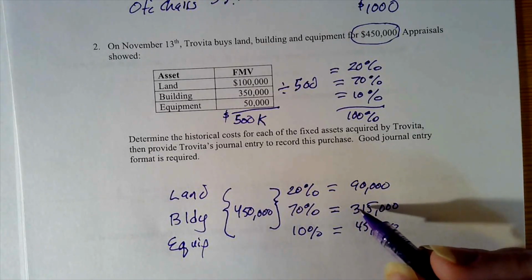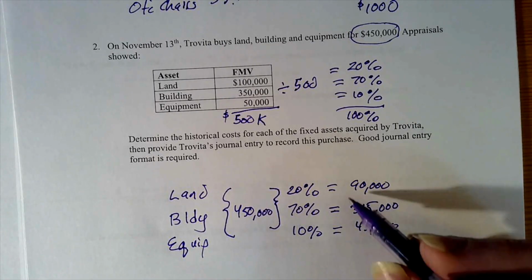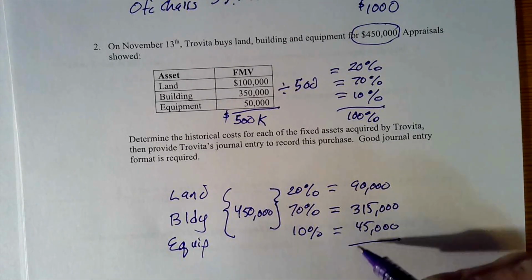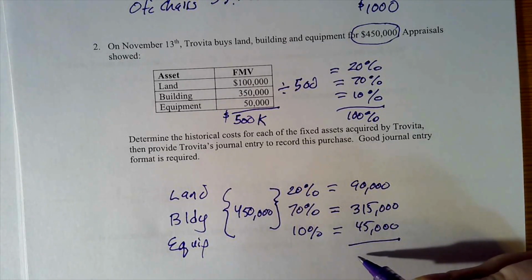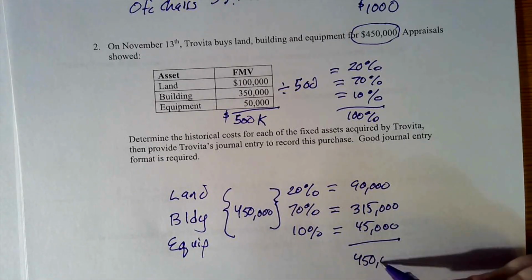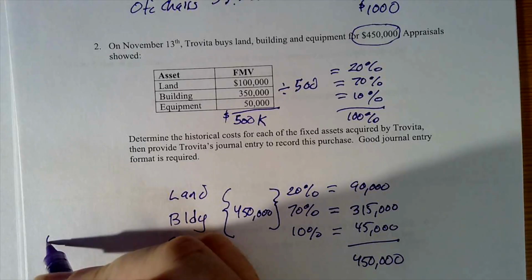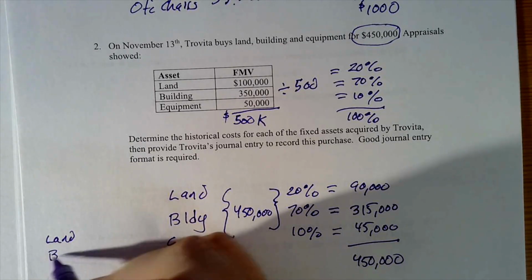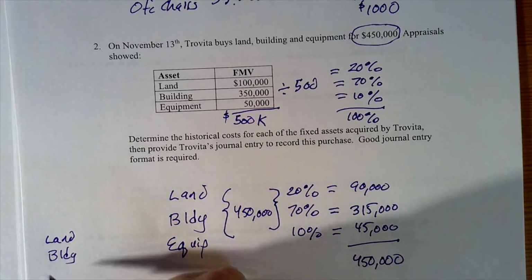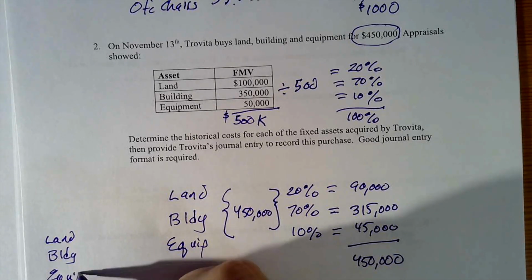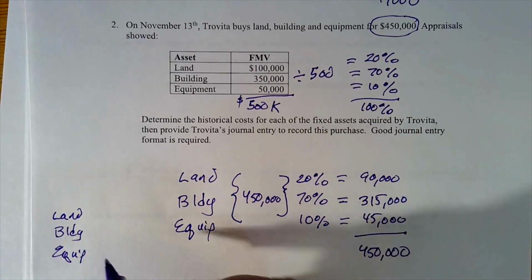And so does it. Let's see, that's 360, 405... yep. So this would equal a total of 450,000. If I was doing a journal entry, it would be a debit to land, building, and equipment for those numbers, and it would be a credit to cash.